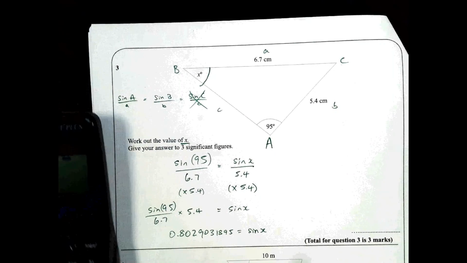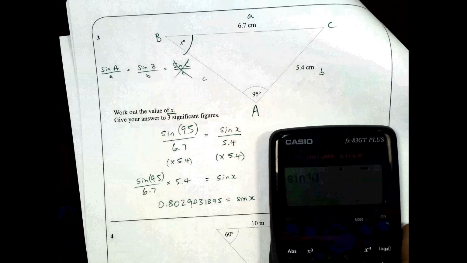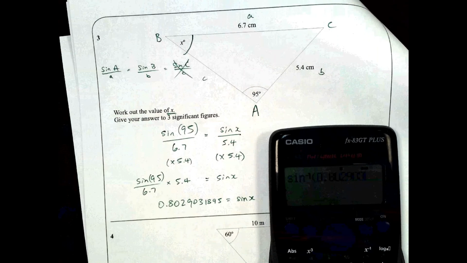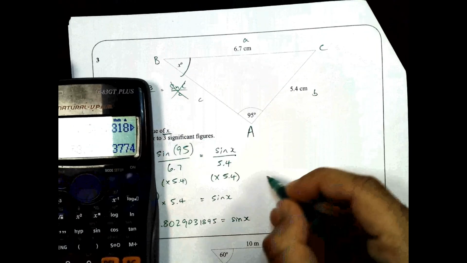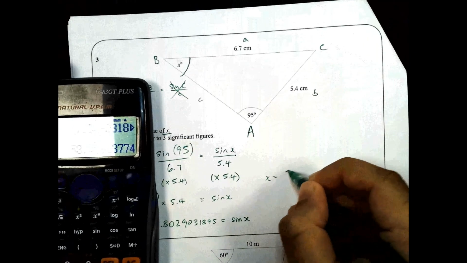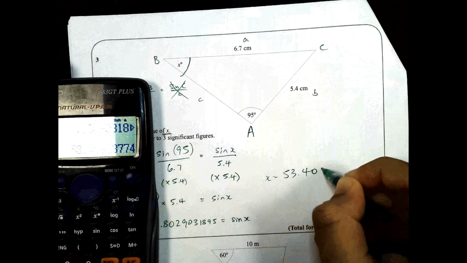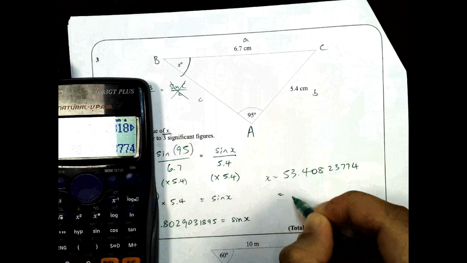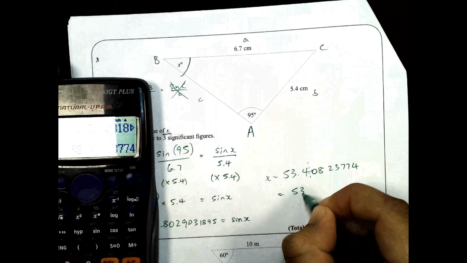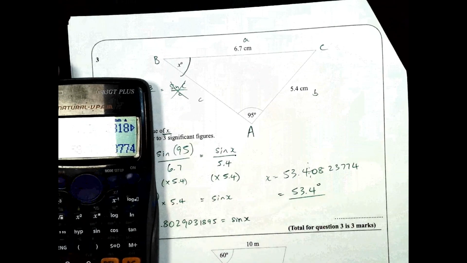So sine to the minus 1 of 0.802903189 should give me the same answer. Yes, it does. 53.408. So x equals 53.408237774, which to 3 significant figures is 53.4 degrees. And that is the answer to this question.